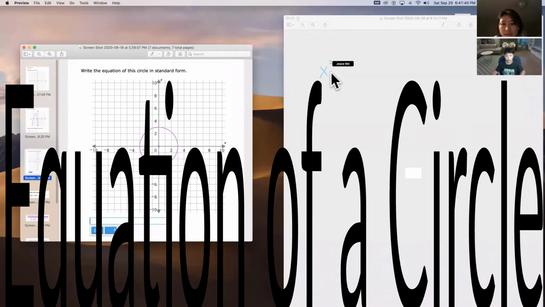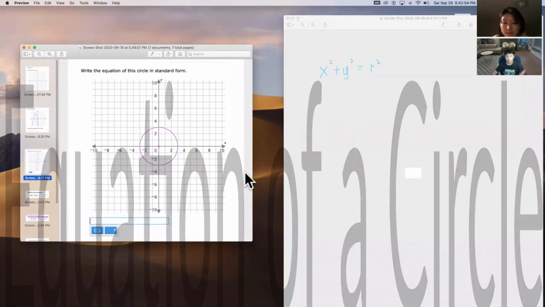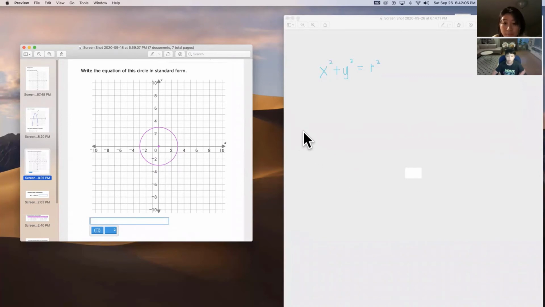So it's x squared plus y squared equals r squared. This would be if the origin is at 0, which it is for this problem. If the middle of the circle is not at the origin, I believe it's h and k.